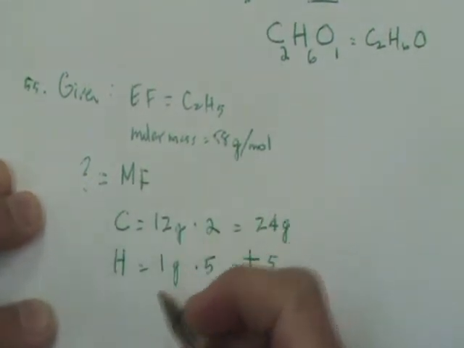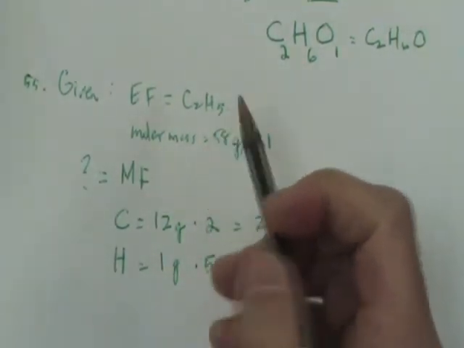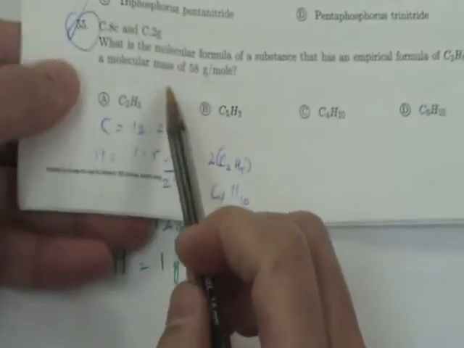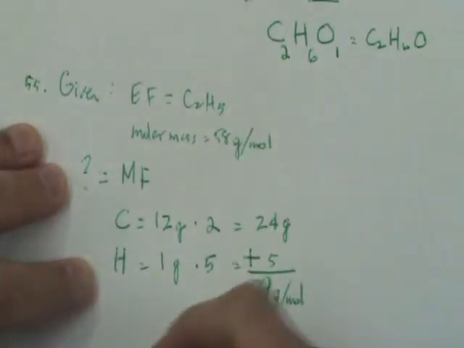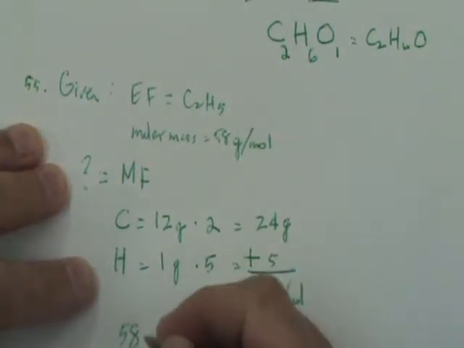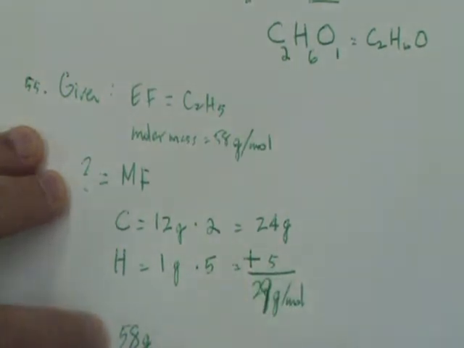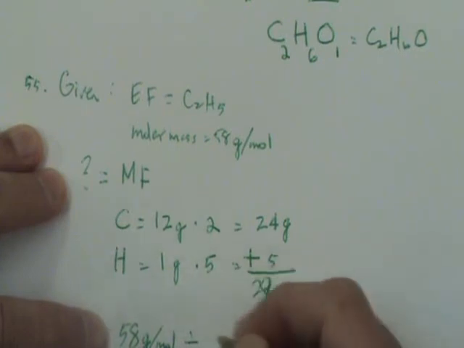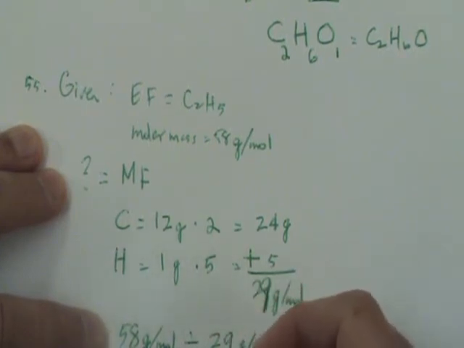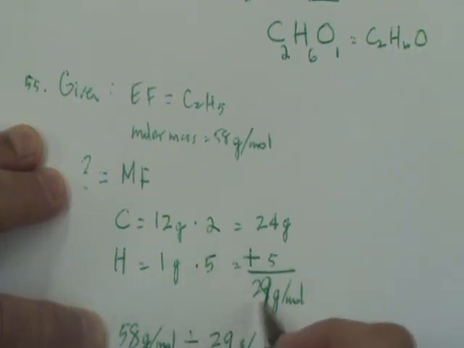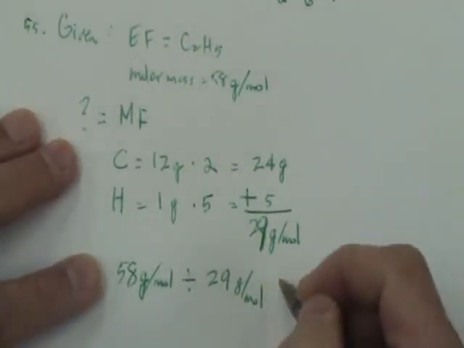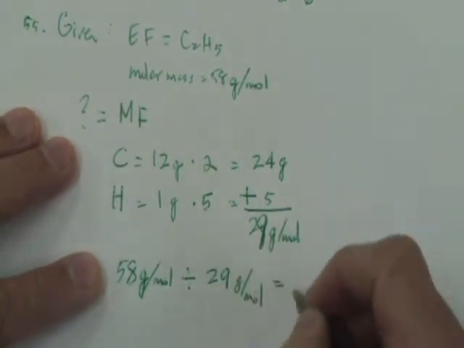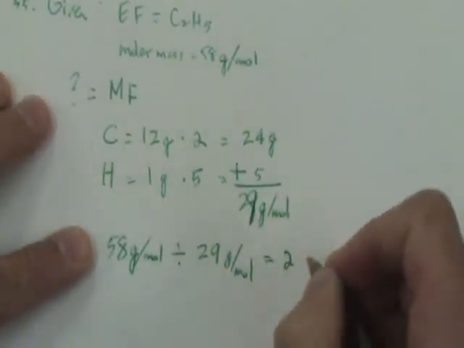Now, if we look at the problem, it says we're given the molecular mass, which is 58 grams per mole. So all you have to do now is divide 58 grams per mole by 29 grams per mole, which we got from here. And 58 divided by 29, that makes it 2.